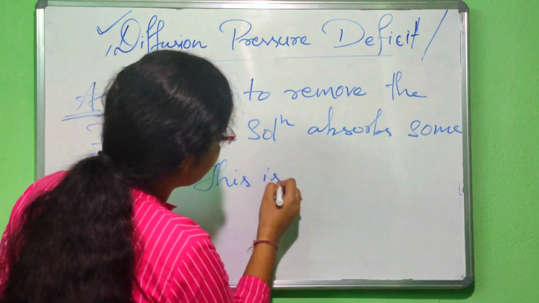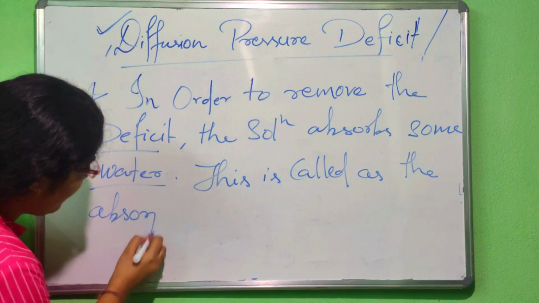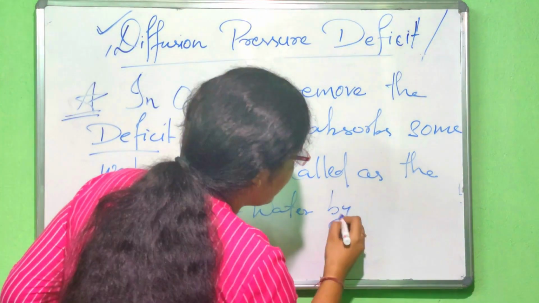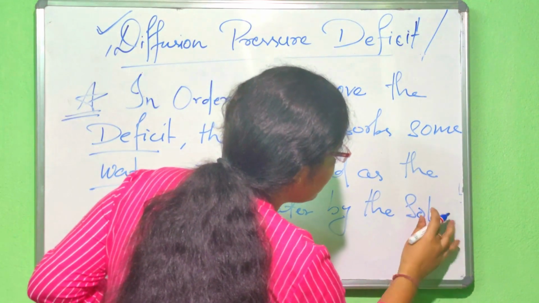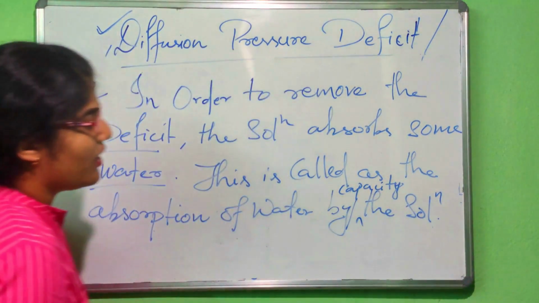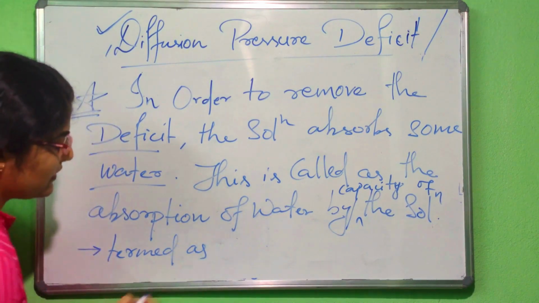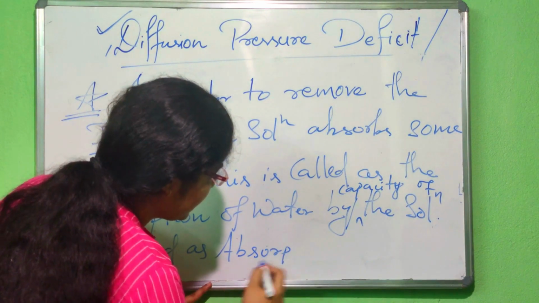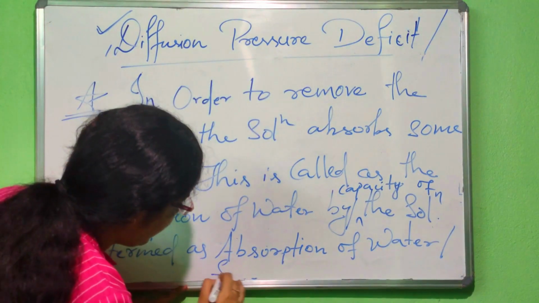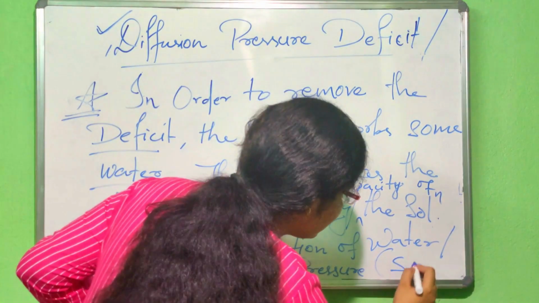This is called the absorption of water by the solution, or the capacity of the solution, termed as either absorption of water, which we will discuss in our next class, or suction pressure, represented as SP.